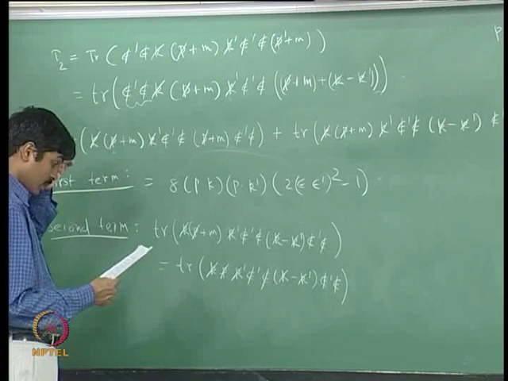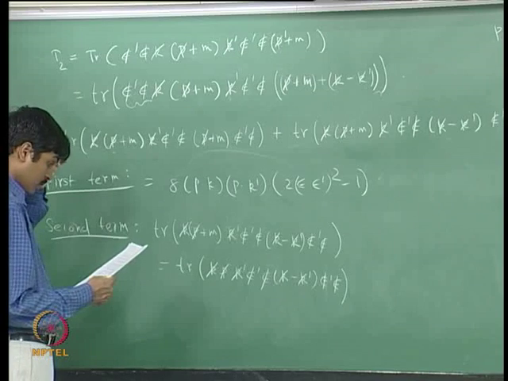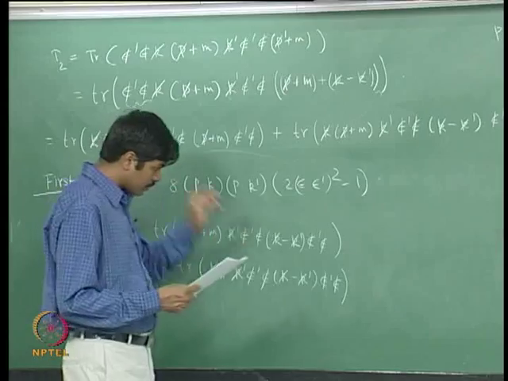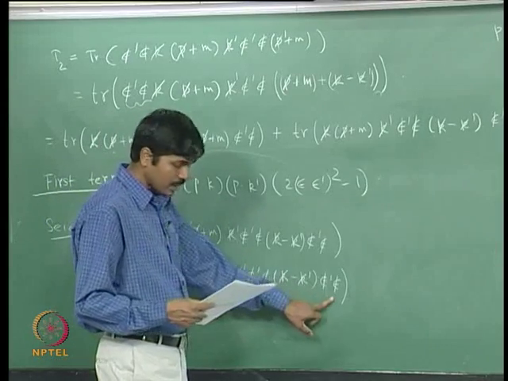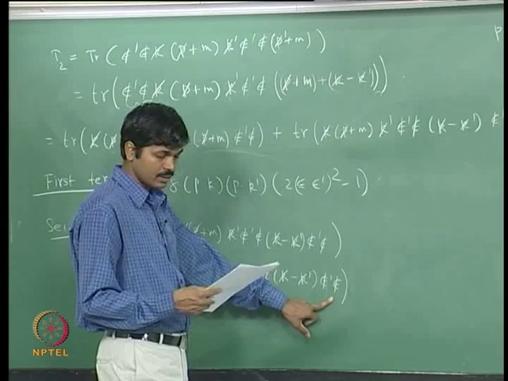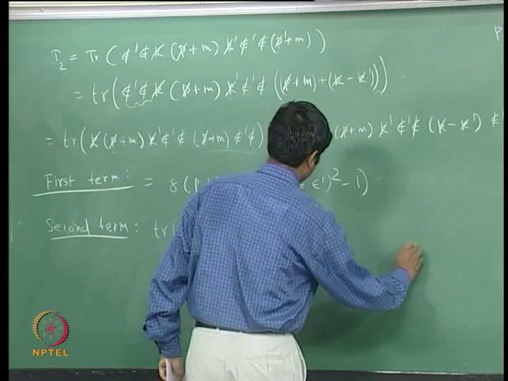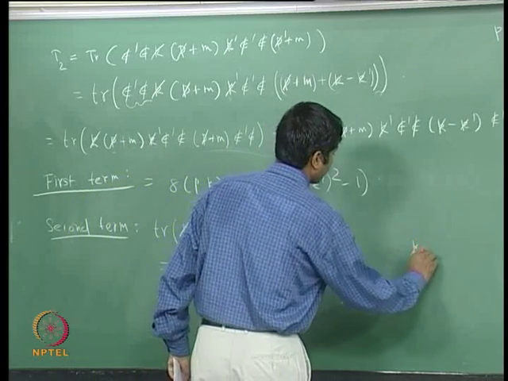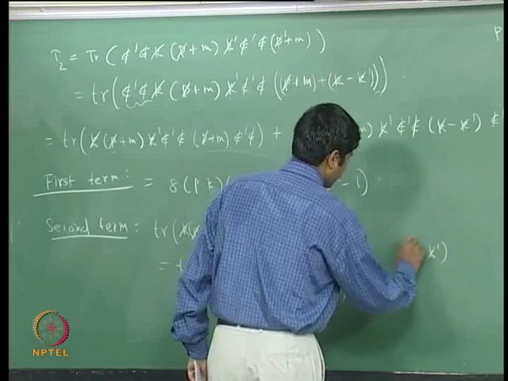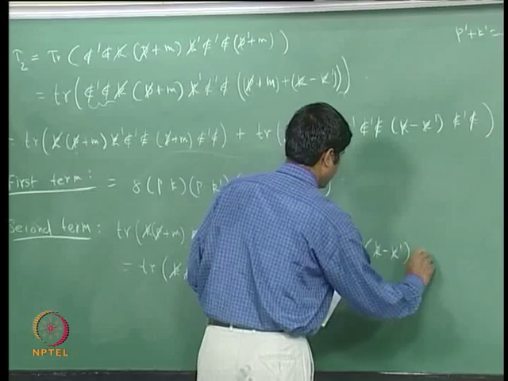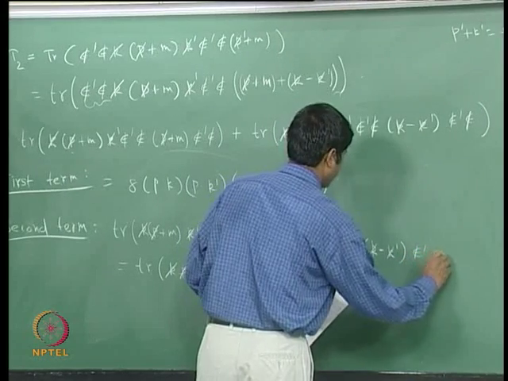So, now I will focus on the last three terms here. What I will get is, so let us do this, it is k slash minus k prime slash times epsilon prime slash epsilon slash.